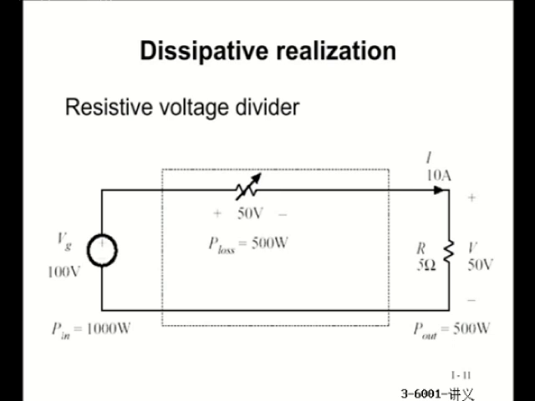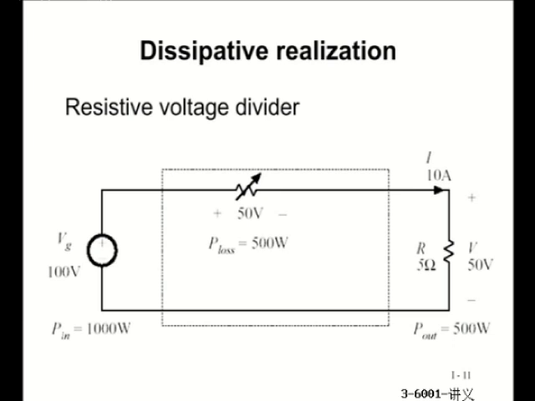But this is not going to happen in the real world. In the real world, there is nothing like a load that is always 5 ohm, not changing. In the real world, there's nothing like this 100 volts input voltage. No. In the real world, there's always disturbance.